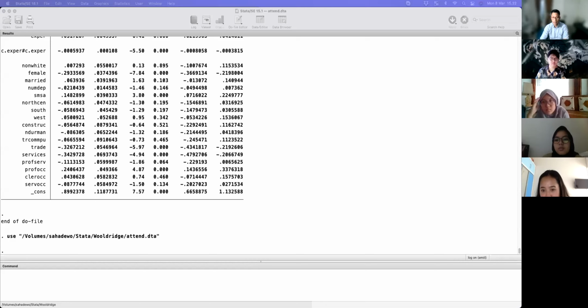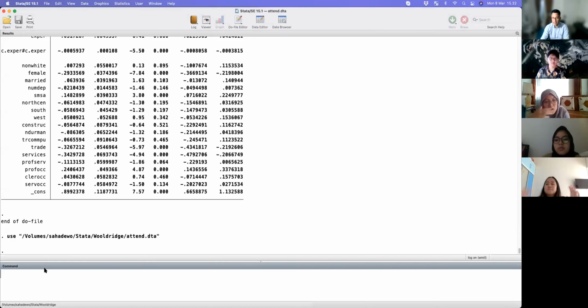I'm going to share the screen. The first thing I'll do is a twoway, and I'm going to use lfitci, which is the linear fit confidence interval.